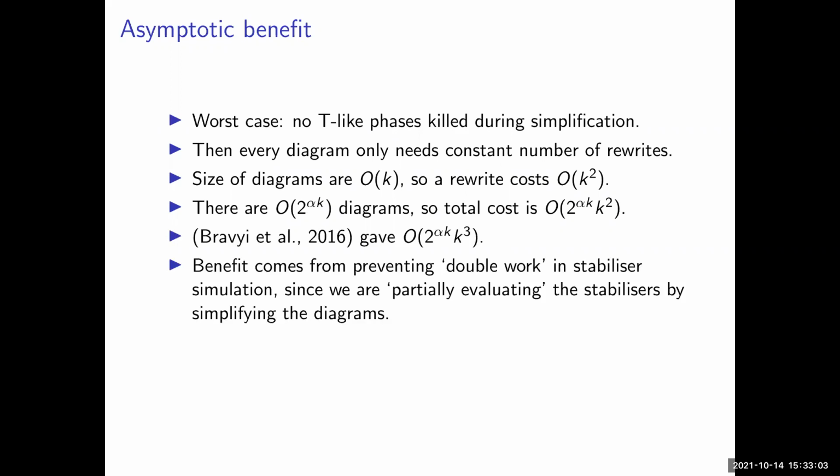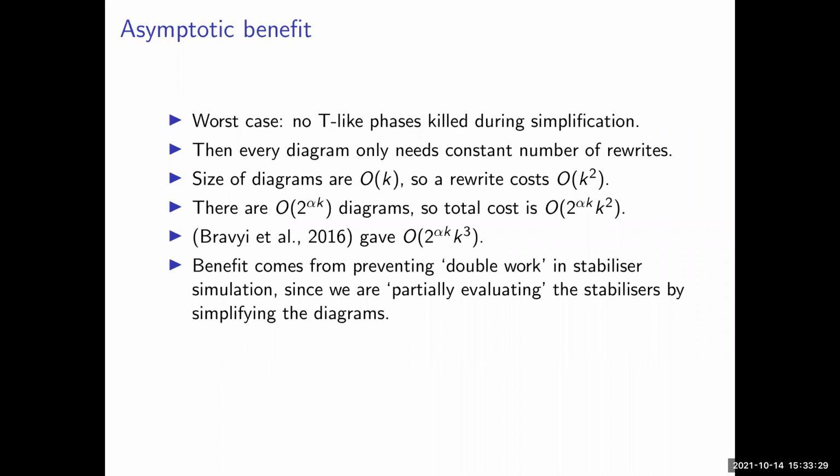And it turns out the original approach, which is given in this paper by Bravyi et al., gave 2 to the alpha k times k to the third. Okay, so we have this polynomial benefit to this method. And the reason for that is that since we're doing this early optimization, we're preventing double work. We can see this as a partial evaluation of the stabilizers, which is done by simplifying the diagrams before we get all the way to the end.